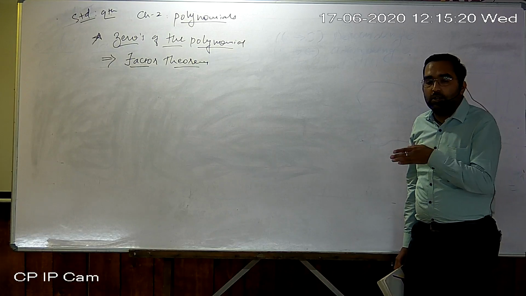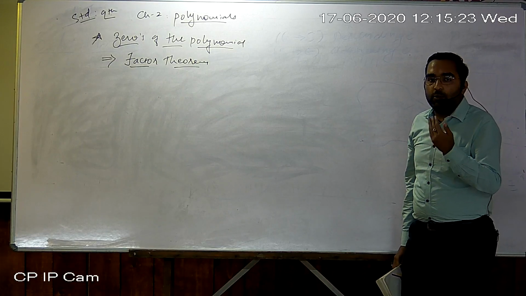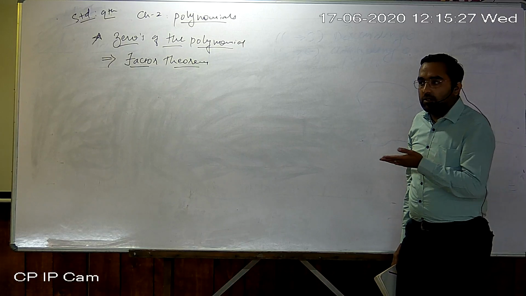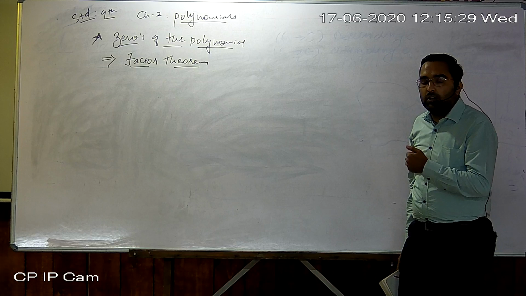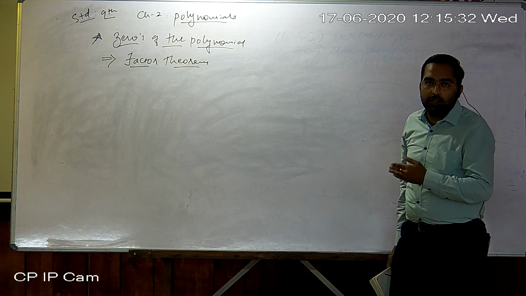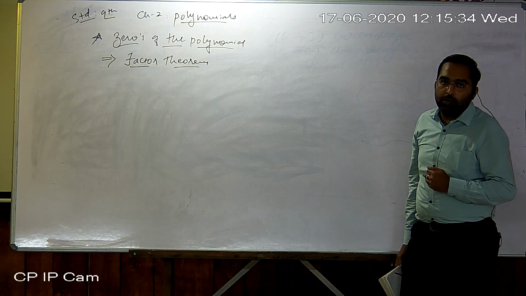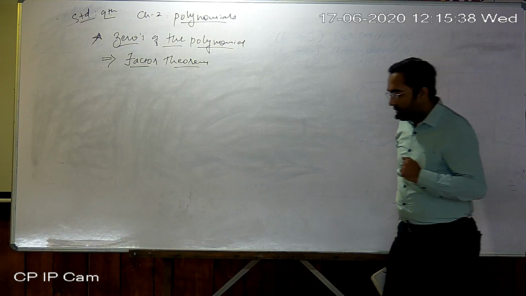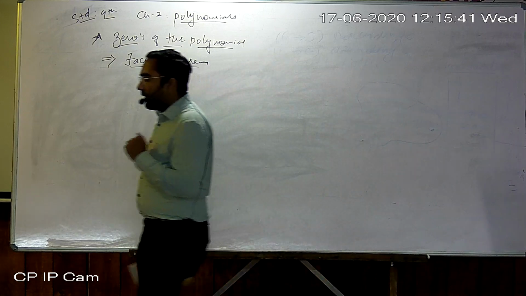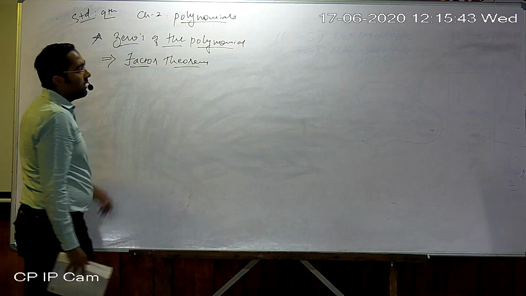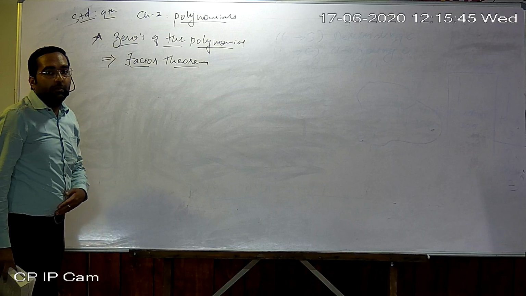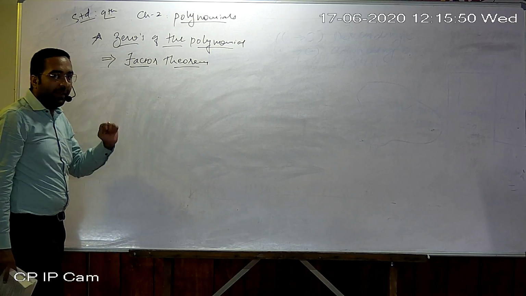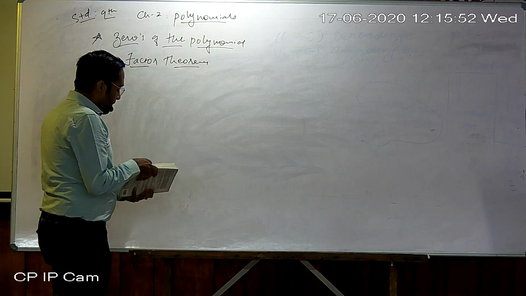If the remainder comes 0 when we put the value of x, then we say that the value of x is a zero or factor of the polynomial. So in this session we learn the factor theorem using the remainder theorem. So let's start.